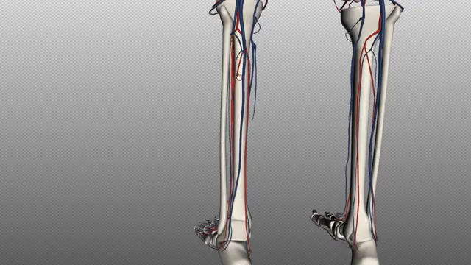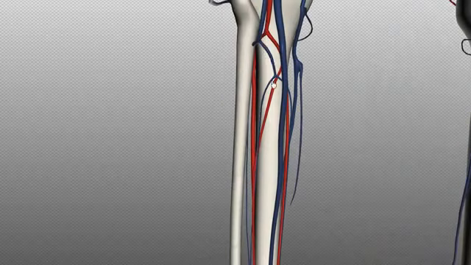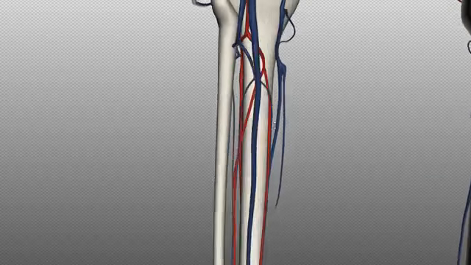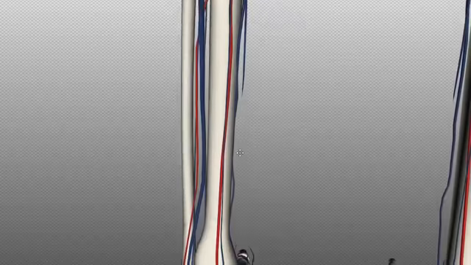This vein, which comes off the popliteal vein, runs on the lateral side. And you've also got the posterior tibial vein, the counterpart to the anterior tibial vein, and this runs down the posterior aspect of the tibia.